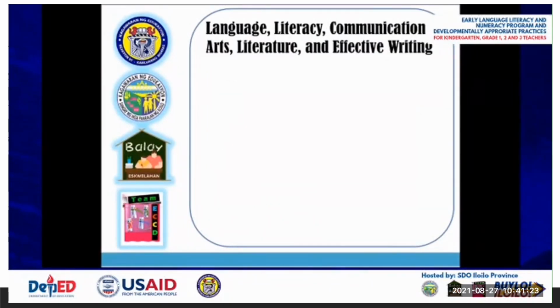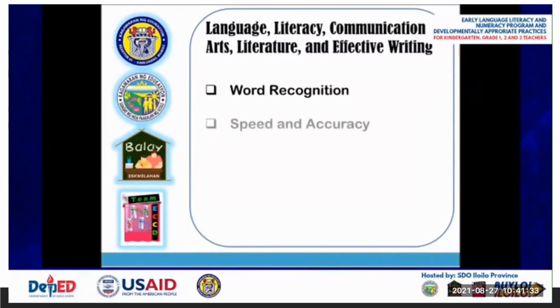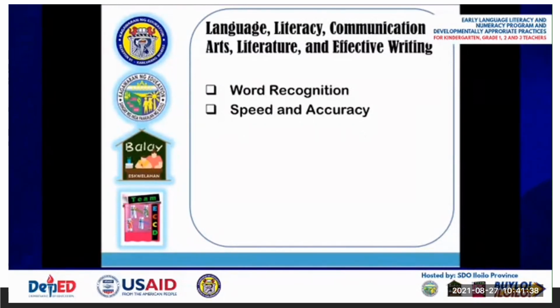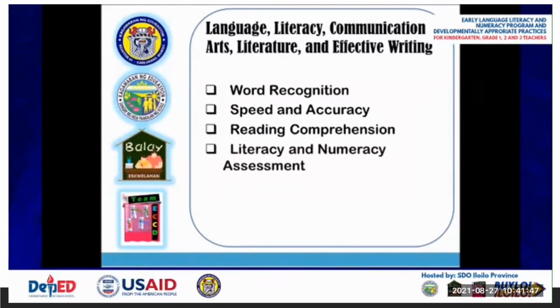Moreover, these domains in Grade 2 focus on word recognition of high-frequency basic sight words in Grade 2 text, speed and accuracy of grade-level reading appropriate narrative text, reading comprehension of Grade 2 level reading selection, literacy and numeracy assessment in Grade 2 level standard for MTB, MLE, English, and Filipino.